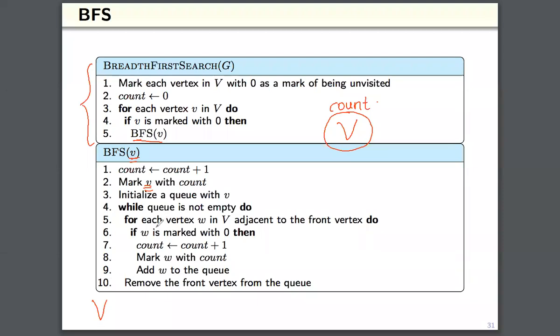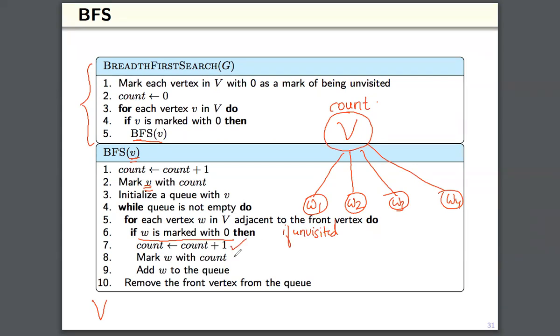While the queue is not empty, for each vertex W adjacent to the front vertex V. So what are all the vertices that are adjacent to V? Say W1, W2, W3, W4, right? And if that child node is marked with 0, that means if it is unvisited, then what do we do?